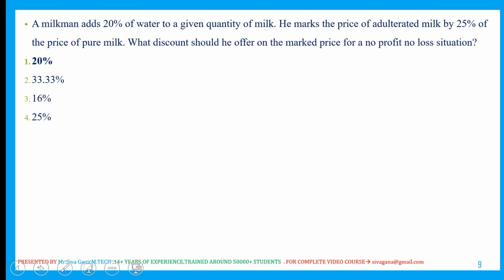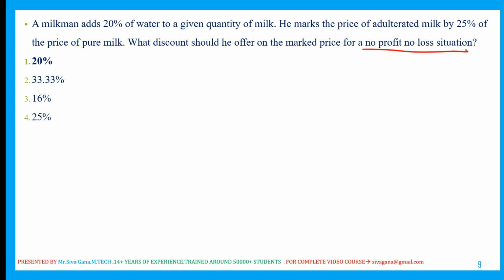A milkman adds 20% of water to a given quantity of milk. He marks the price of adulterated milk by 25% of the price of the pure milk. What discount should he offer on the market price for a no profit, no loss situation?